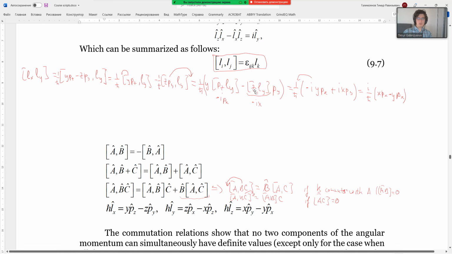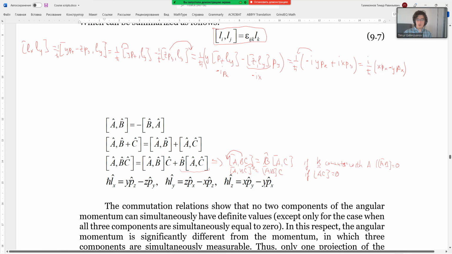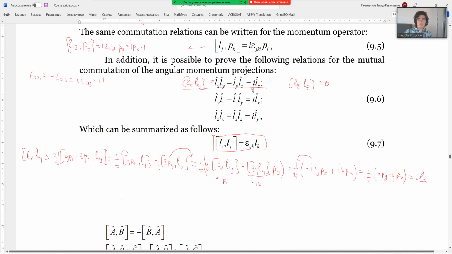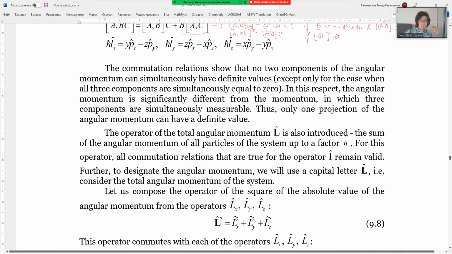However, let's look at the definition. We see that x Py minus y Px divided by h bar equals Lz, so we get i Lz. So let's check. Yeah, it's i Lz. And the same way we can prove other commutation relationships.